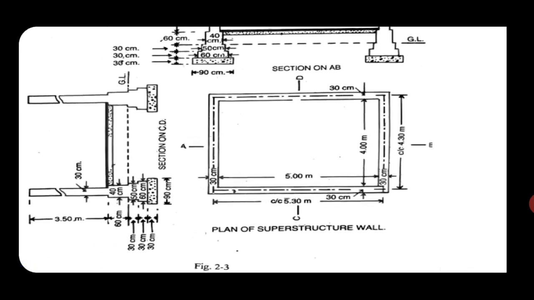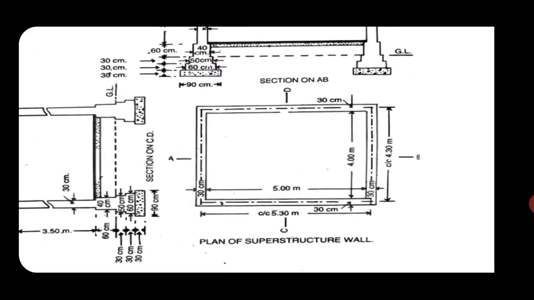So as we know, this one is the plan of a single room building, and this one is the sectional elevation which is drawn by taking section AB, and this one is the sectional elevation by taking section CD. So see, this portion is the bottom of the foundation, and here this is the cement concrete work.